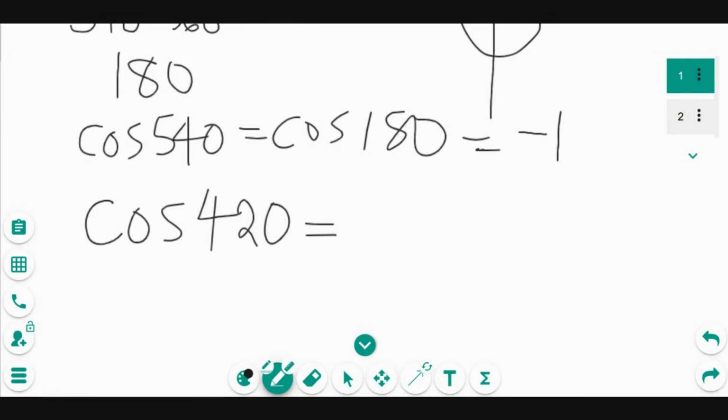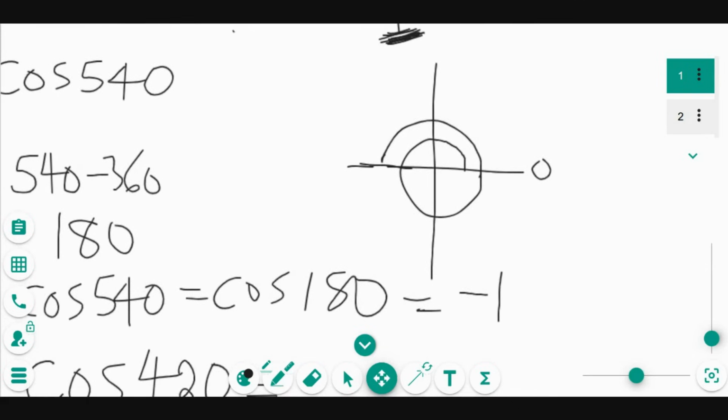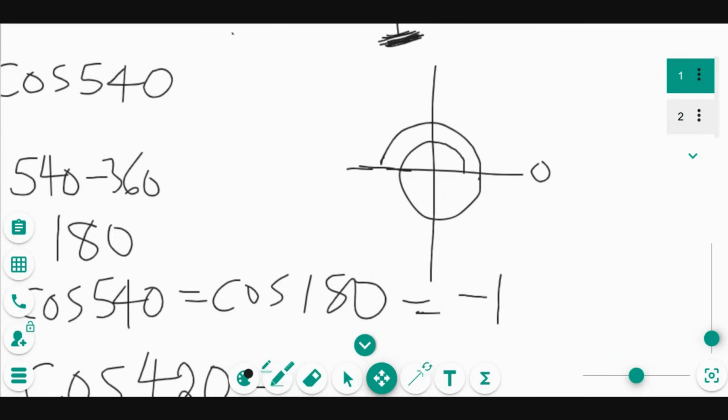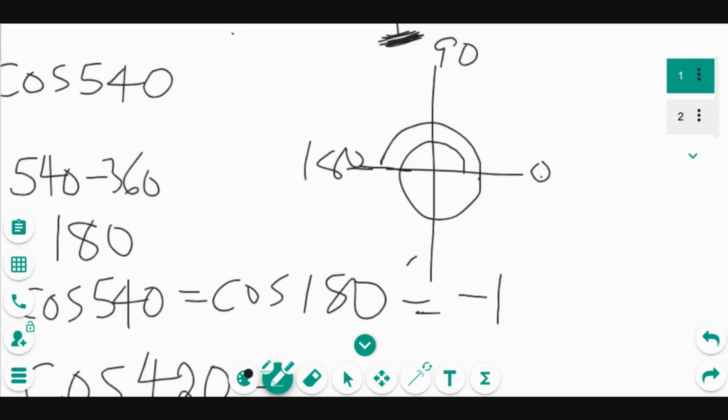In simple terms, let me actually show you from here. If I draw a quadrant, I'll represent this as 0, as 90, as 180, and as 270. So where is the 360 we are talking about?